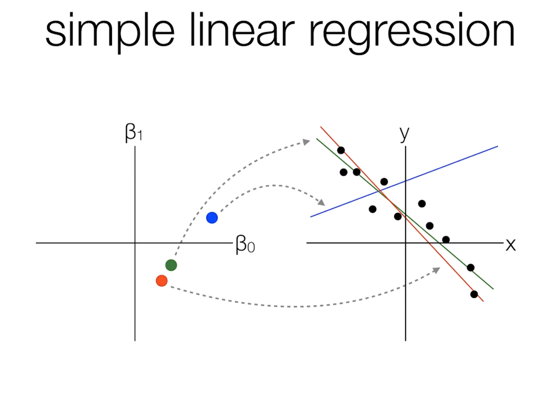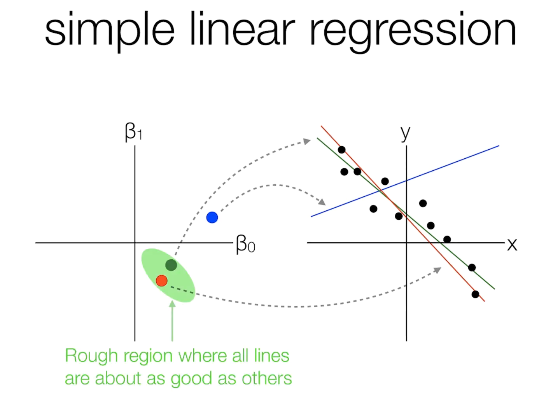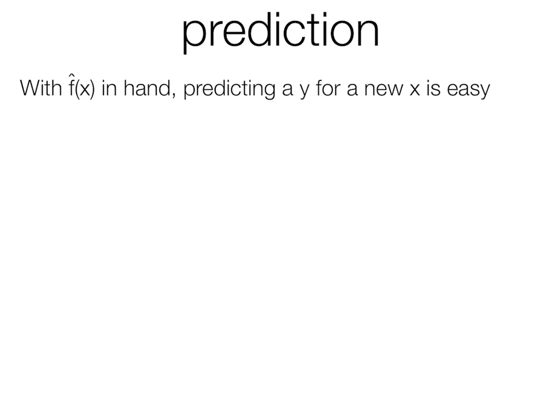Obviously, there are also a lot of bad lines, though. For example, this blue point corresponds to a line which clearly doesn't fit the data very well. In general, there's going to be some kind of rough region where all of the lines in that region, in the beta plane, are about as good as any of the others. This is a statistical topic that we don't really dig into deeply, but is really important if you move on in statistics.